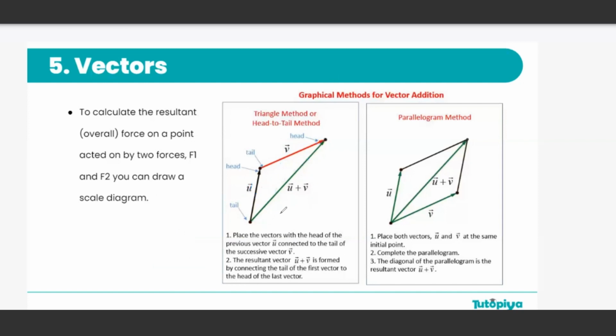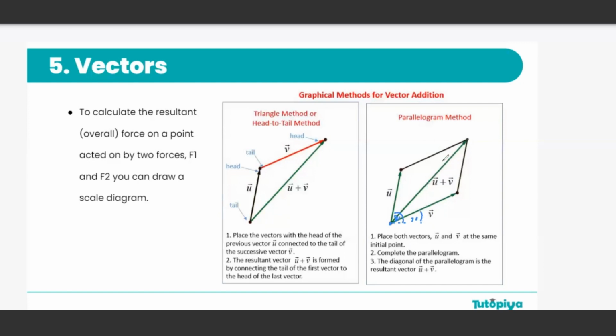Very similar to this method, we have another method called the parallelogram method. Here, you have to place both vectors U and V at the same initial point. They start at the same point, but you have to draw it to scale and you have to be mindful of these angles. So in this case, this angle would be 80, this would be 20.